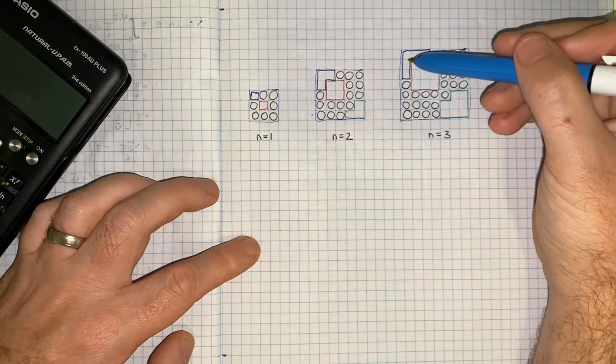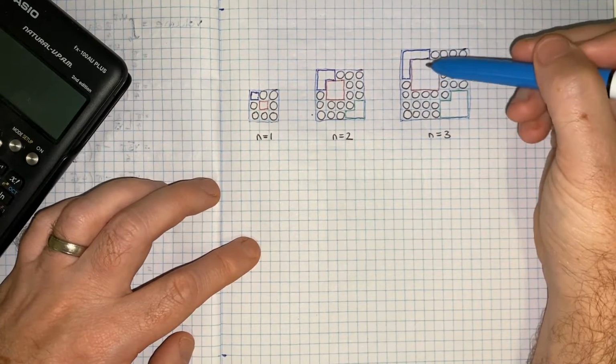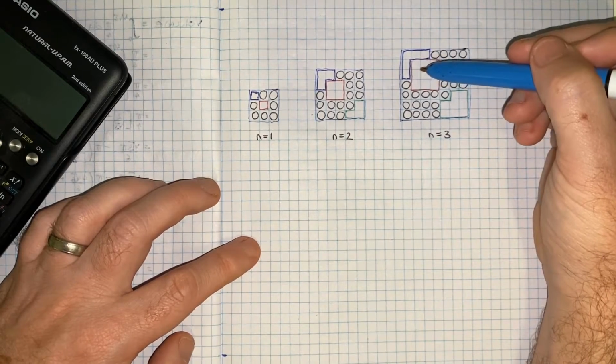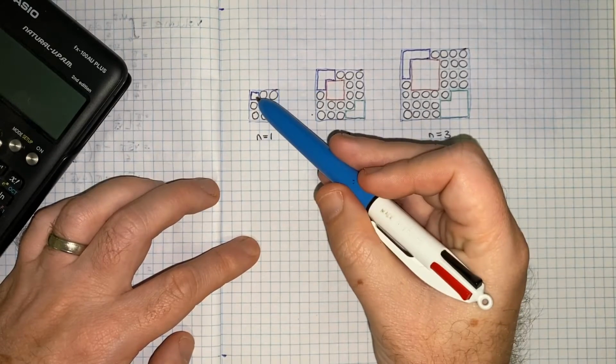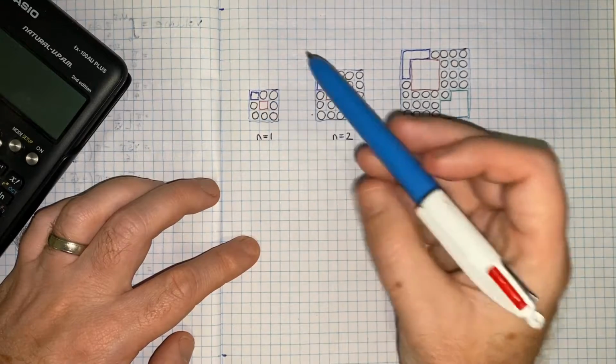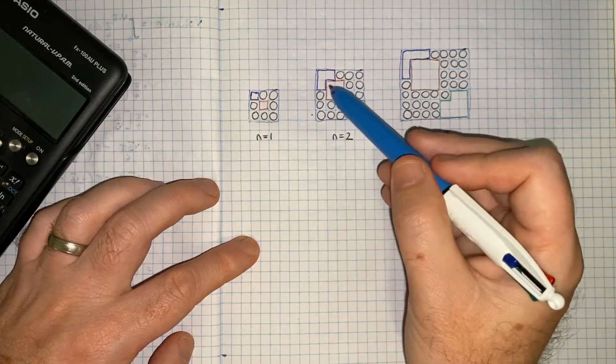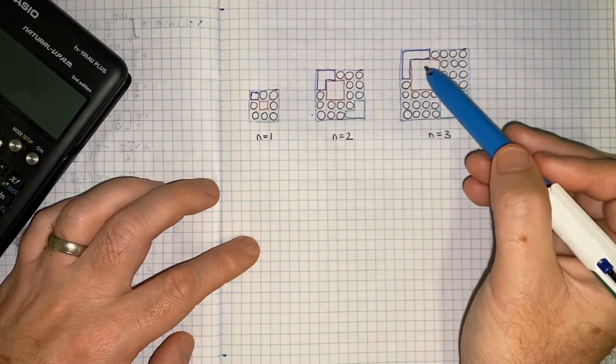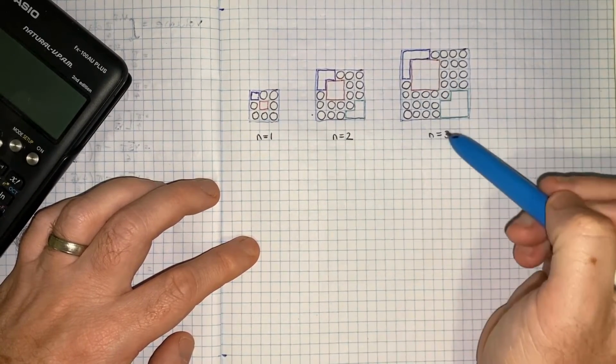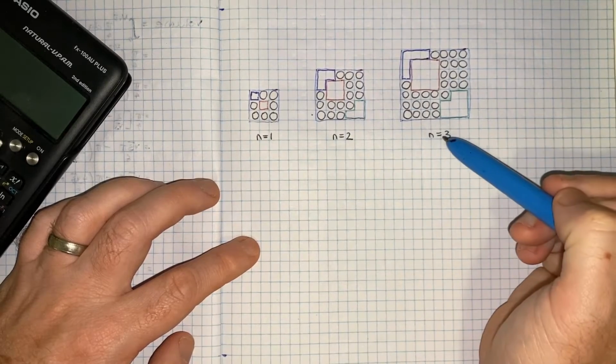And so again, we can convert that into a pattern where it will be n squared minus, and in this case it would be 2 missing, 1 missing, nothing missing. So it's n squared minus n minus 1 squared.